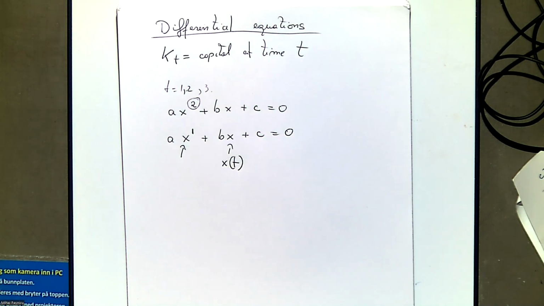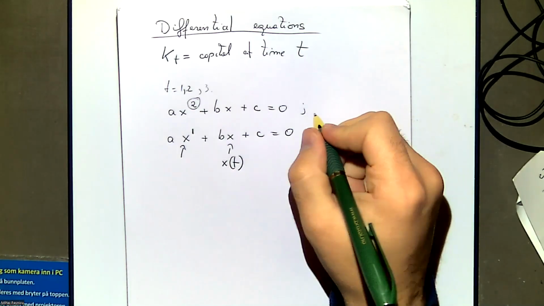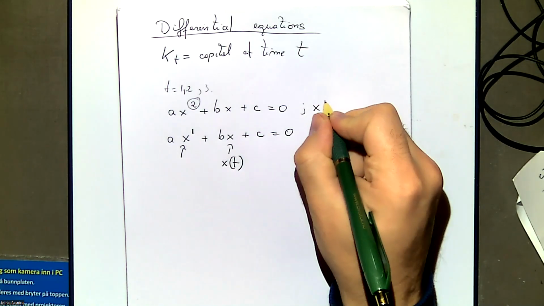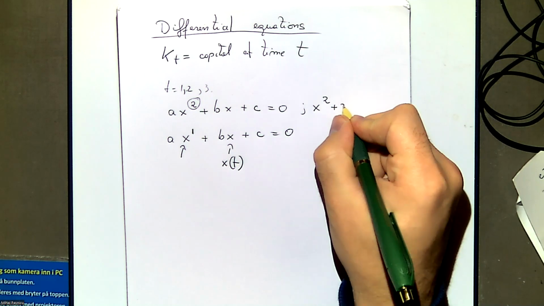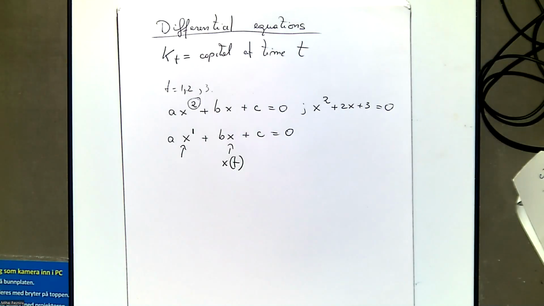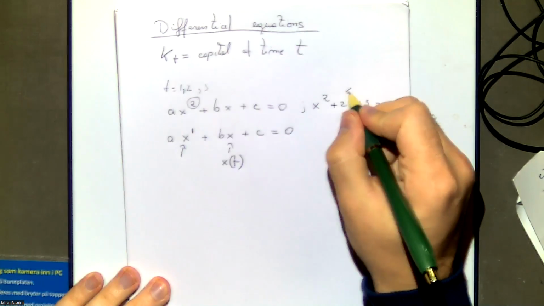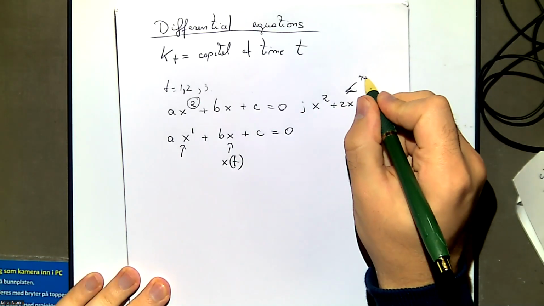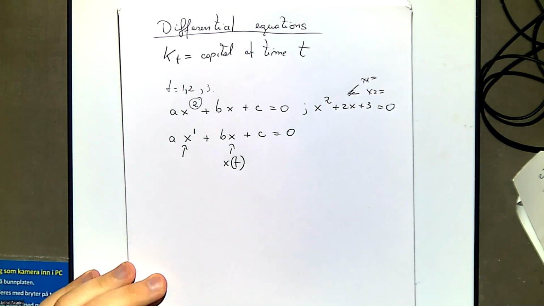So when you're solving a differential equation, you are basically just finding out the function that satisfies that differential equation. So for example, here in the quadratic, if I just said a is 1, b is 2, and c is 3, x squared plus 2x plus 3 is equal to 0, and I'll tell you just solve it, assuming it's solvable. I think it is, but if I told you to solve it, then I'm expecting you guys to tell me x1 is equal to some number and x2 is equal to some number, right?